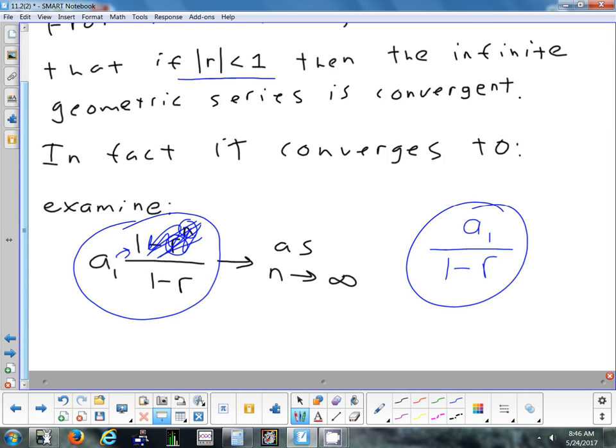You can plug r in, like let's say r was 2, but the answer that you get means nothing. This formula only has meaning when this condition is true. Any questions on why this r to the n just disappears? Why it just gets so small?